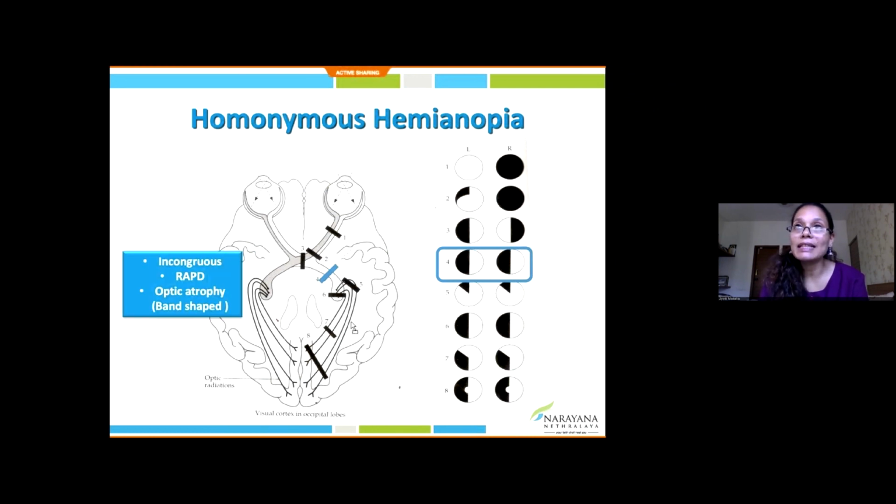Because this has not yet synapsed, the fibers are coming from the retina, you can get an RAPD and a classical band-shaped optic atrophy, which you can get in these patients, which is on the contralateral side. So when you have a defect, you will find specifically in retrograde, you will find that the optic nerve also gets involved. So that's one way of differentiating. Unlike 5, 6, 7, 8, which are related to optic radiations, where you don't find any changes happening on either the pupillary changes or on the optic nerve head.